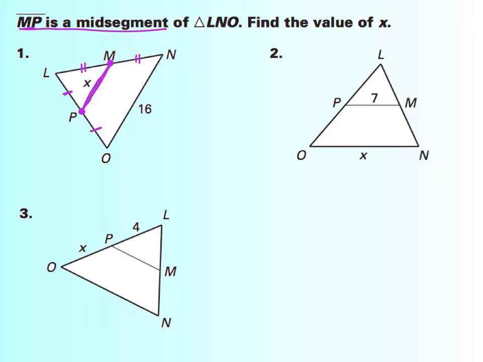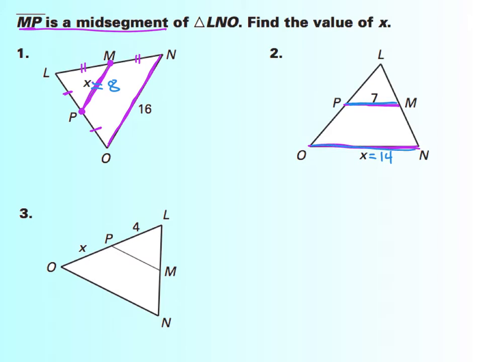And remember, this segment is now parallel to ON, and it is half of it. So in this case, X would equal 8, half of 16. On number 2, again, MP is a midsegment, so it's half the length of this one, and also parallel to ON. So in this case, X would be 14. And look, this is definitely the smaller segment. This is definitely the bigger segment.